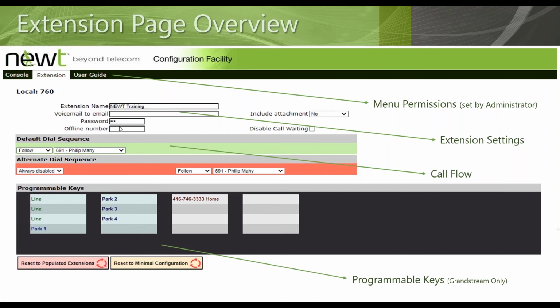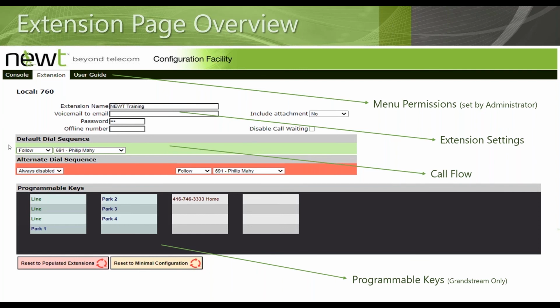So in an emergency, I guess, or some kind of weird situation, the phone system will detect it and send all calls to this phone number. This offline number is pretty cool. Also, you can disable call waiting on your phone from here as well. Now, those are kind of limited extension settings. Administrators have access to a heck of a lot more.